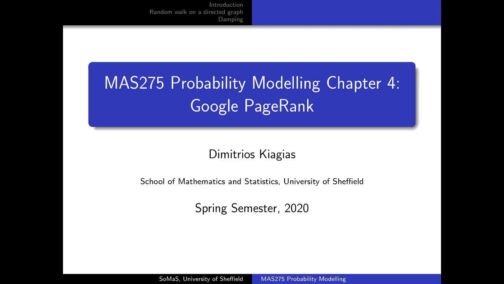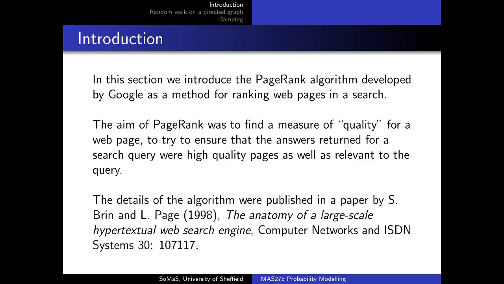Let's say it's less used, because in the age of social media, this modeling of the web they are using is not quite so good, but it's an excellent way of seeing that Markov chains have interesting uses in the real world. So PageRank can be seen as an algorithm used for ranking web pages in a search.